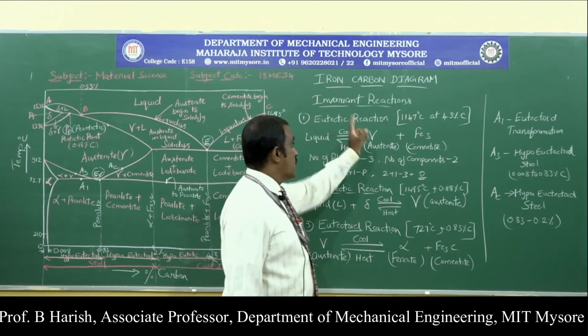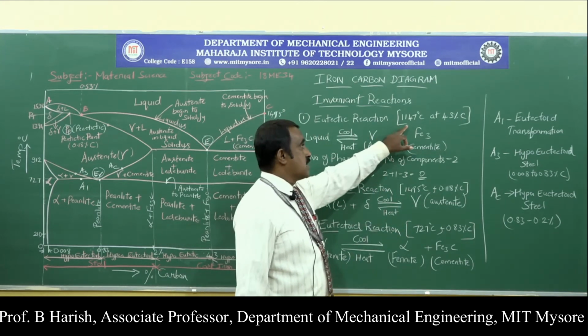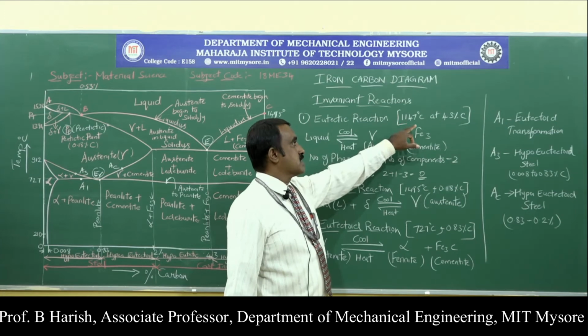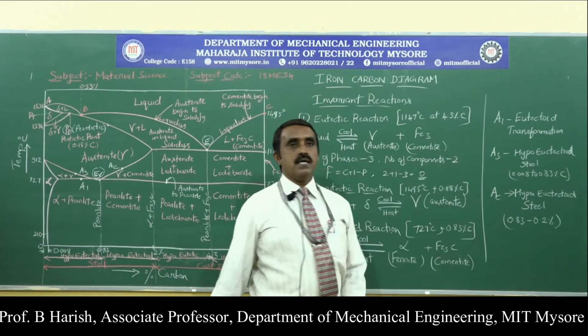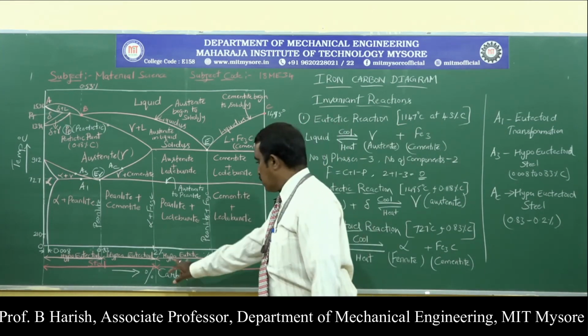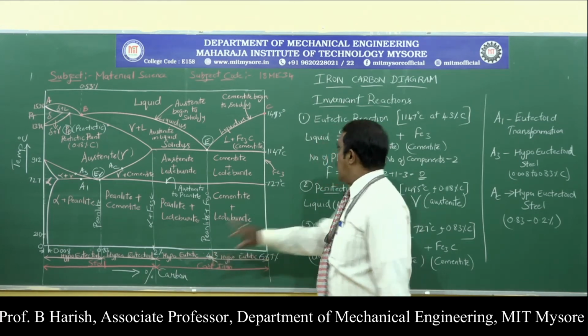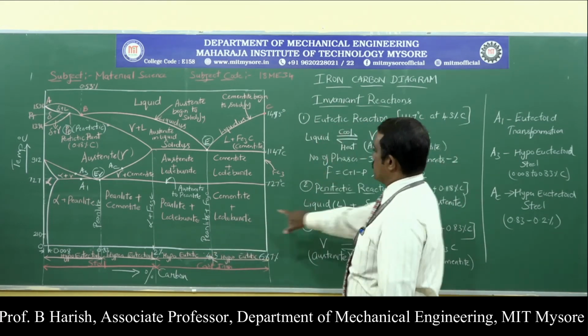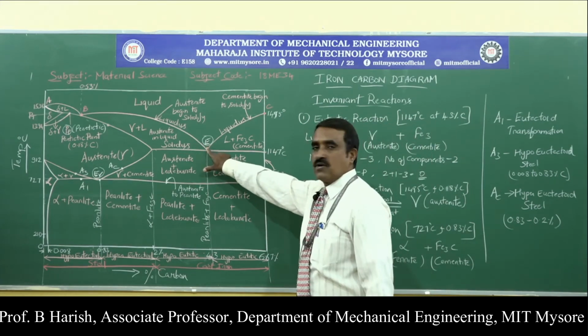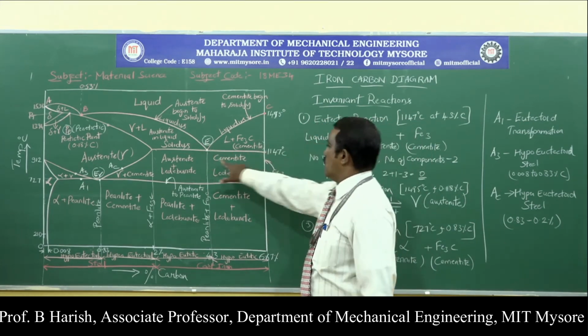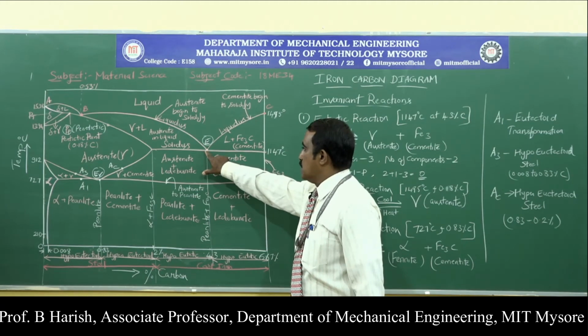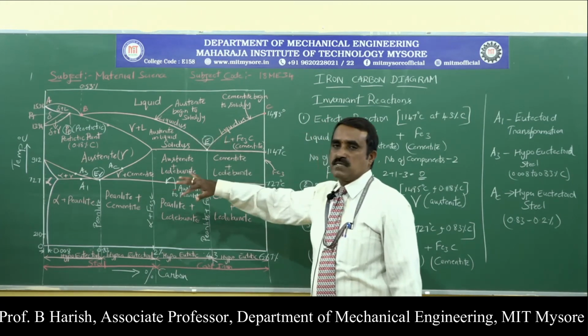Now this eutectic reaction takes place at a temperature of 1147 degrees centigrade and 4.3% carbon content. You can observe this is the point, 4.3% carbon content and temperature 1147. E is the eutectic point, where the transformation takes place.